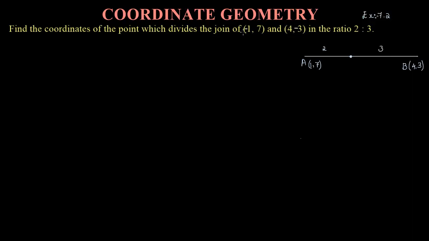So they have given you the 2 points and they are asking you to find the coordinate of another point, and where does that point lie? That point lies after dividing the line in the ratio 2:3.